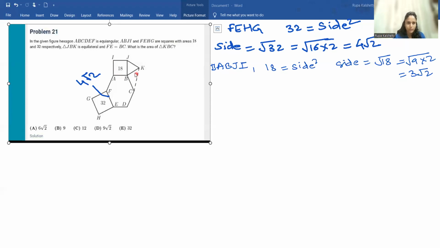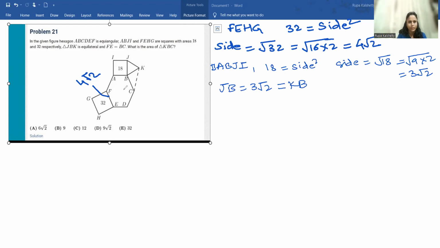Okay, as we are coming to this triangle, we know that KB is a side of this triangle, which is part of an equilateral triangle. So if you know JB, you can definitely find KB. As of now, JB is the side length of this square, and JB is 3 root 2, which is the same as KB, because KB and JB are the sides of equilateral triangle JBK.